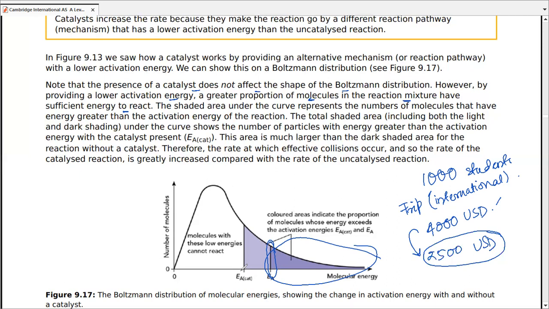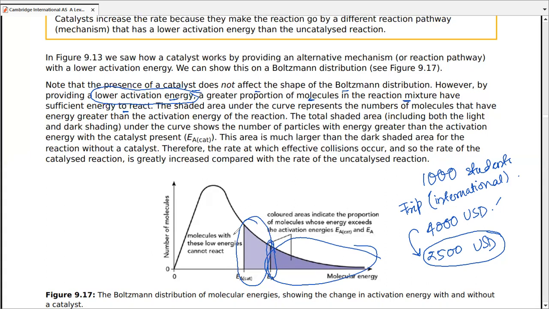Yes, sir. So even if the energy requirement is lowered, that's why we have been using the term lower activation energy in the definition of a catalyst. Now, I hope you understand what this lower energy requirement for using a catalyst means.